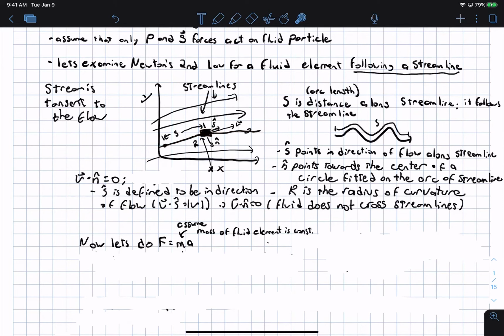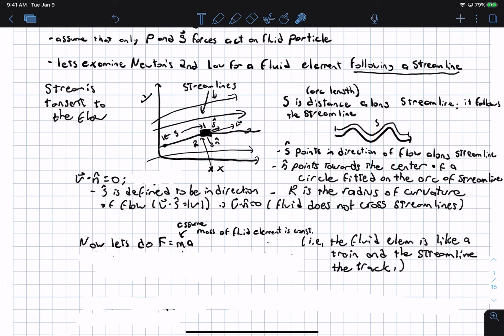If you know how fast the train is going as a function of position along the track, and you know the curvature of the track, you can then backtrack and analyze the forces acting on the train that are required to keep it on that track. And that's exactly what we're doing on the fluid element. So you can think of it like a train, and the streamline is the track, and we're just analyzing the forces to keep the train on the tracks.